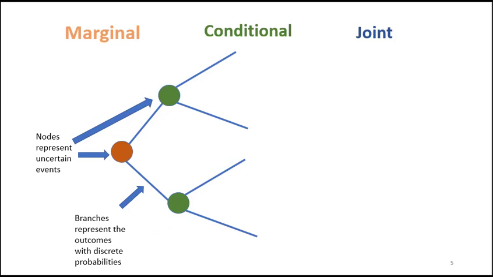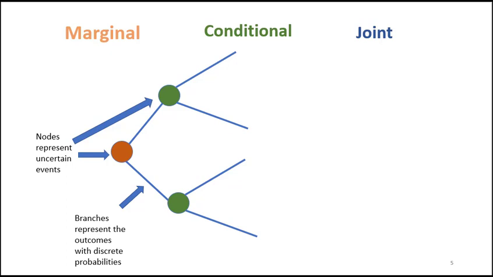Here we have a probability tree which allows us to sketch out the uncertain events and outcomes in our problem. The nodes represent the uncertain events and the branches the outcomes and associated probabilities with those outcomes. We will work through the tree from left to right. The green events are conditioned on the outcomes of the first event, the orange node.